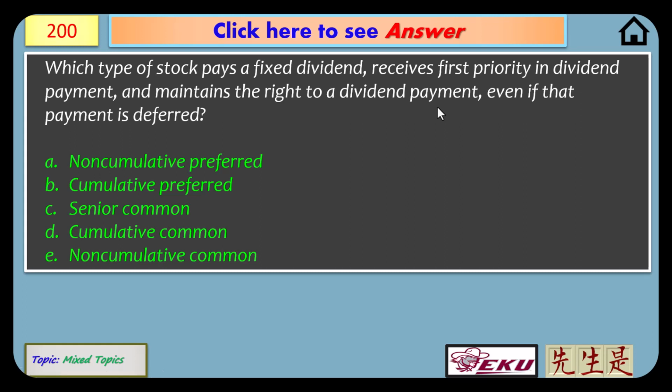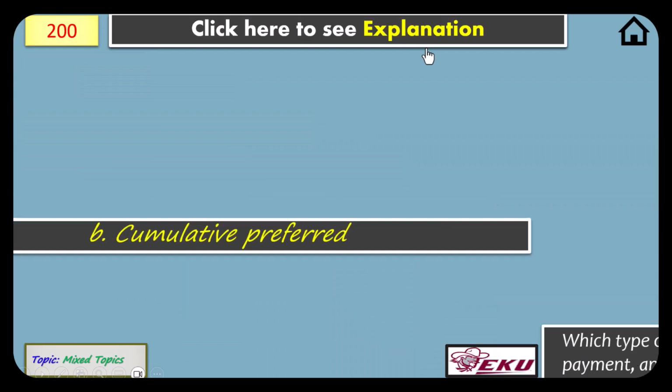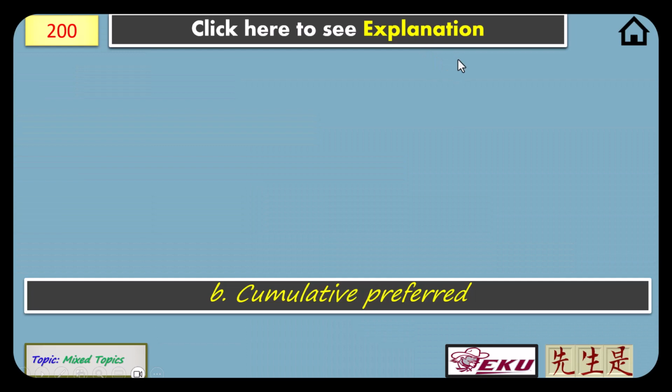That's cumulative. There is no such thing as cumulative or non-cumulative common stocks. You know that it should be one of these. It's the cumulative one. See, even thinking about it gives you the right answer. You don't have to look stuff up.